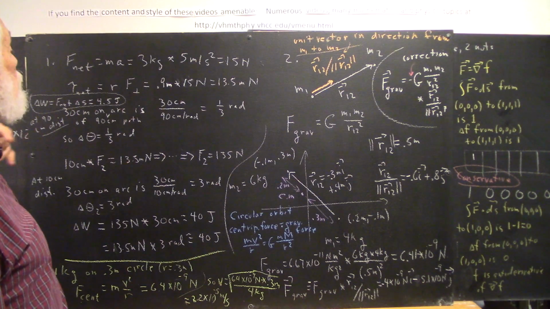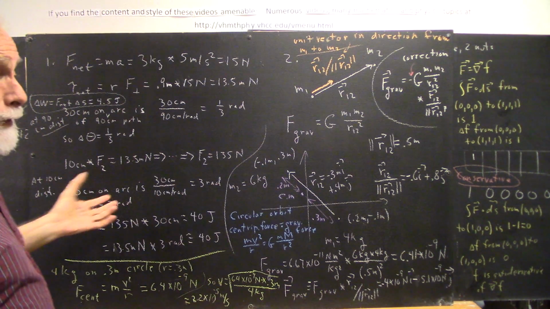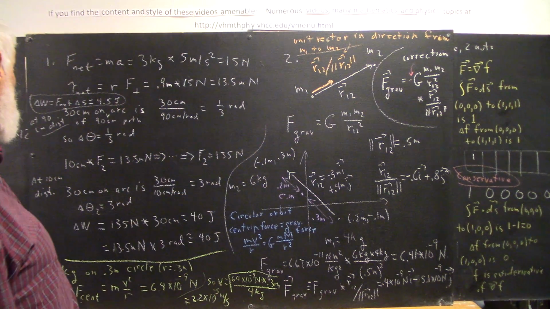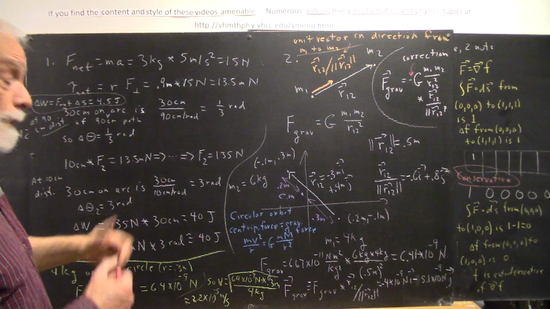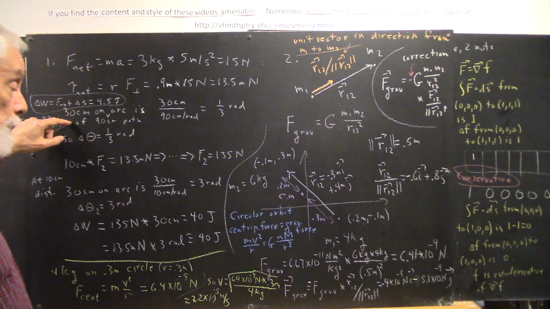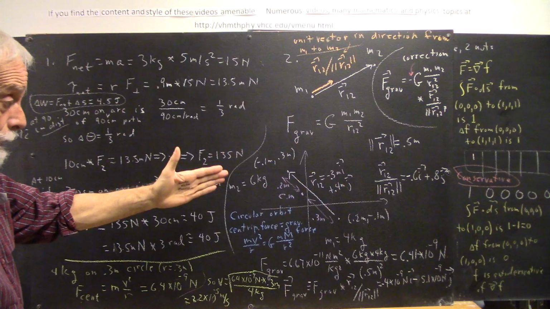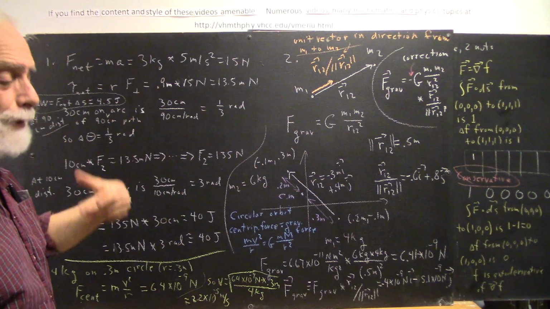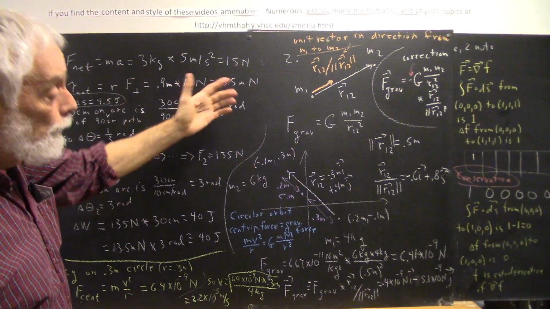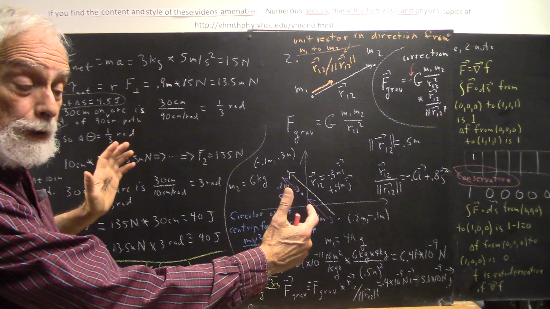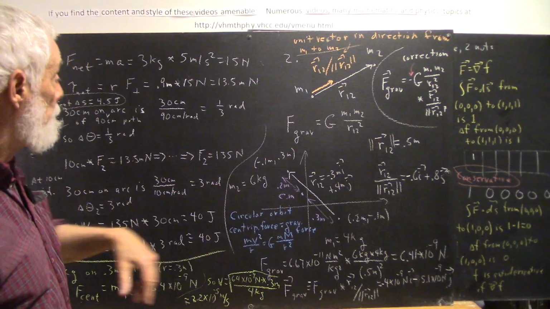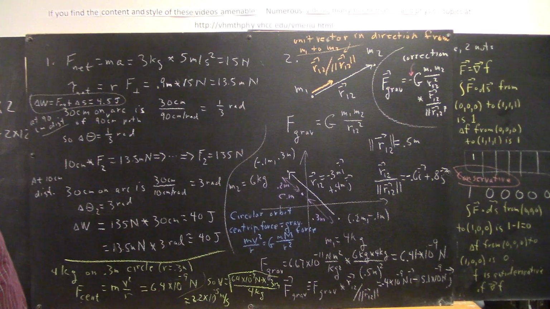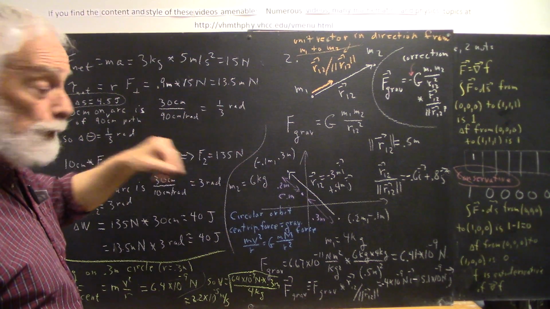Now, we could calculate the same thing based on the radian measure of the motion, the angular motion. So if the mass rotates through 30 centimeters at a point 90 centimeters from the axis of rotation, then by the definition of a radian, it goes through 1/3 of a radian.